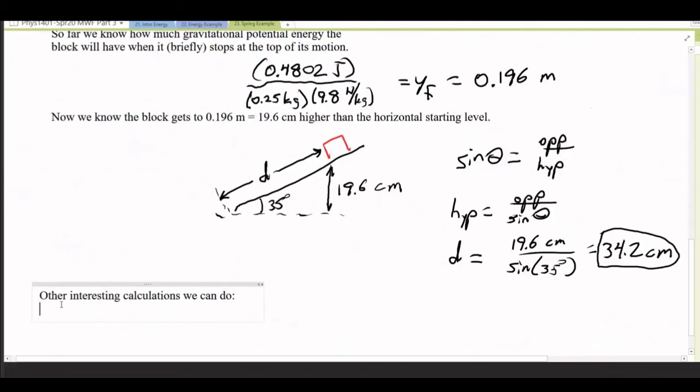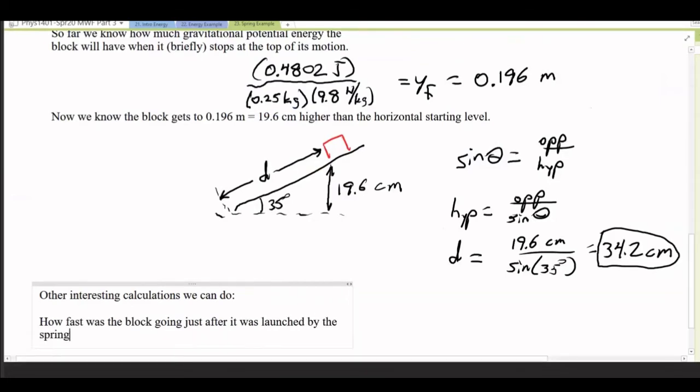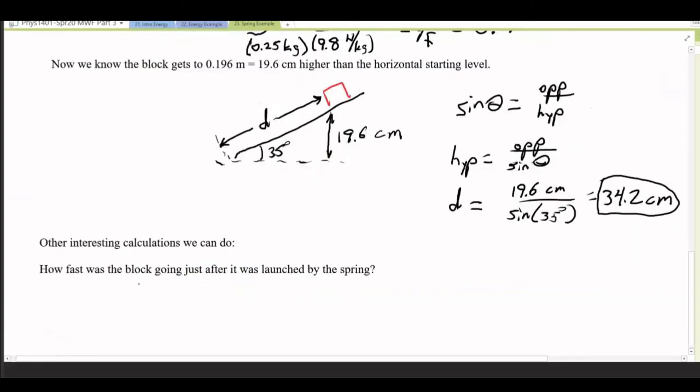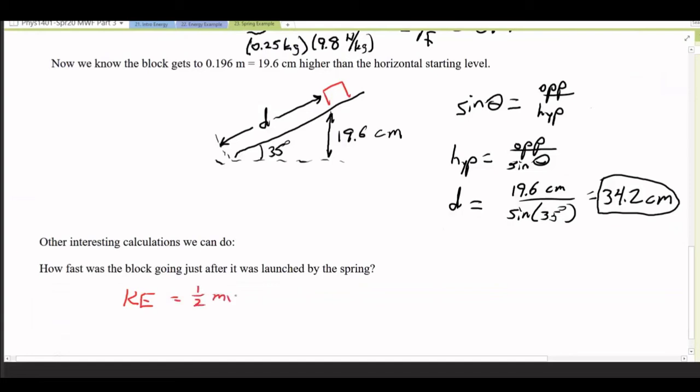Now there are two other interesting calculations we can do. We can figure out how fast the block was going just after it was launched by the spring. So for that, we're going to look at a kinetic energy calculation, and it's KE equals 1/2 mv squared.